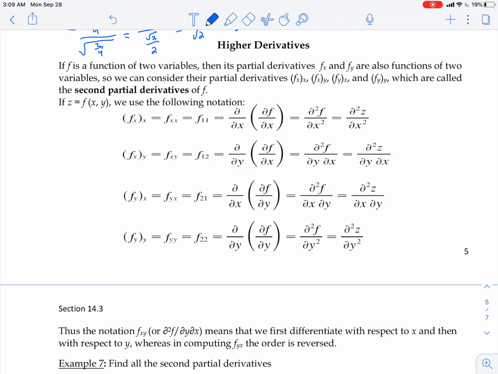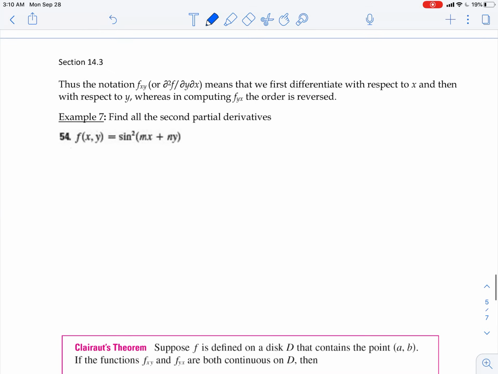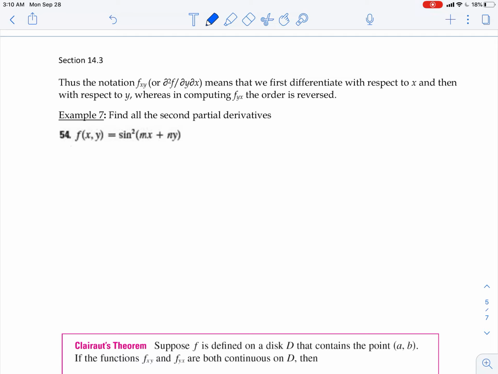So just keep that in mind as you're seeing these written out, because a lot of times it does matter what came first. One thing I also wanted to note is that when you take the partial with respect to x then y, and the partial with respect to y then x, you should always get the same thing. We'll explain more about that in the next set of notes.